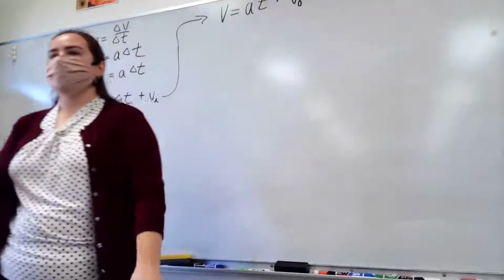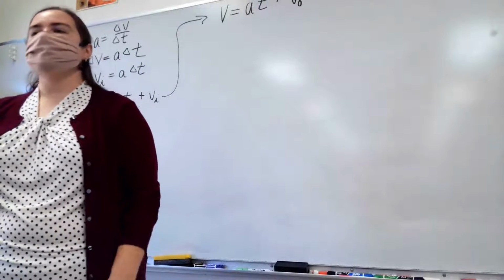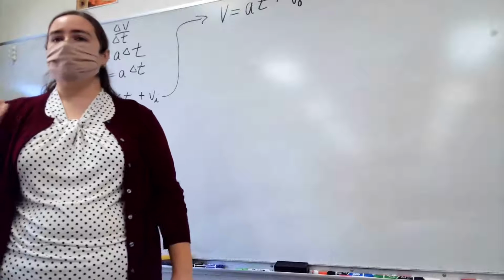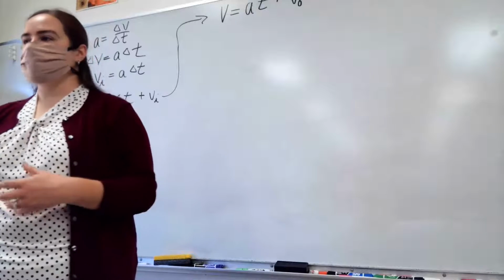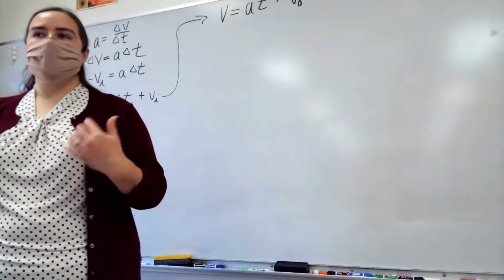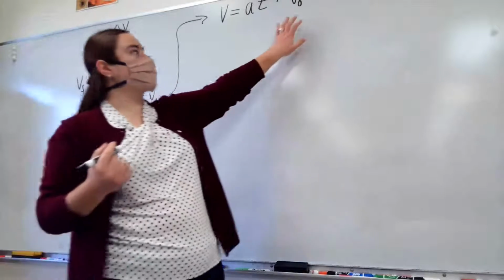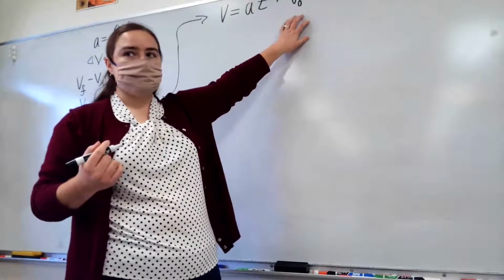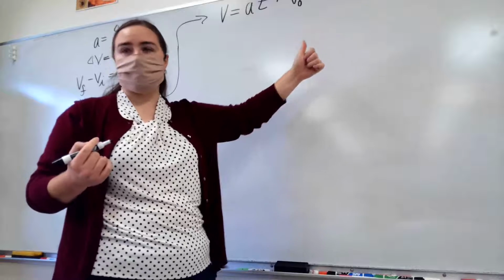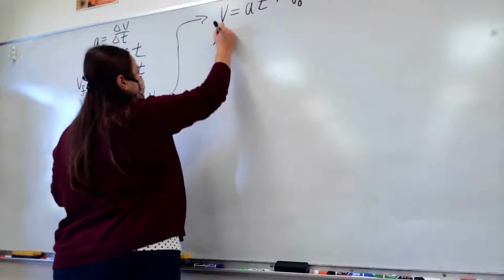If you ever watch a YouTube video of a professor talking about this, a lot of times they will call it v naught, and this comes from the English pronunciation of 0, and it just means that it's your initial velocity. Any questions? No? Okay. Just to make sure everybody's good.